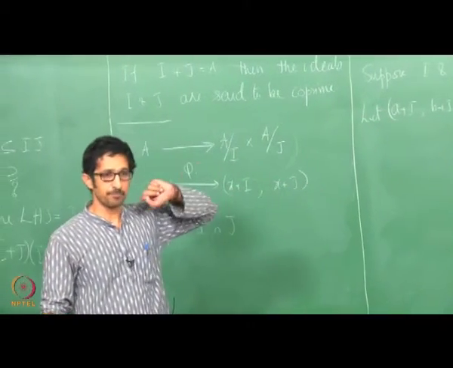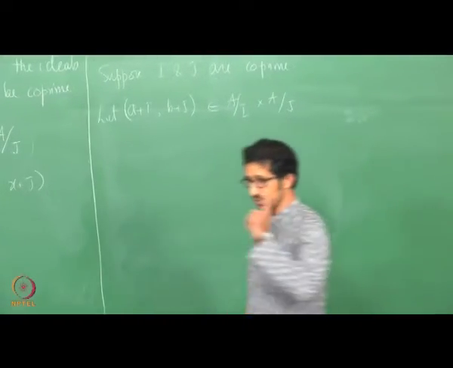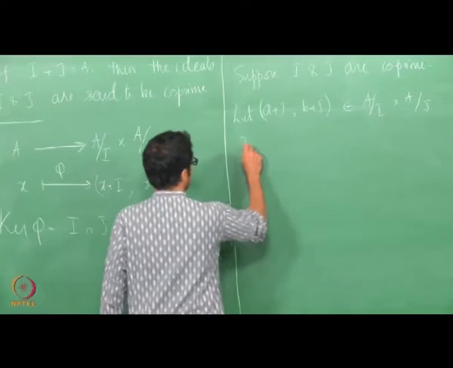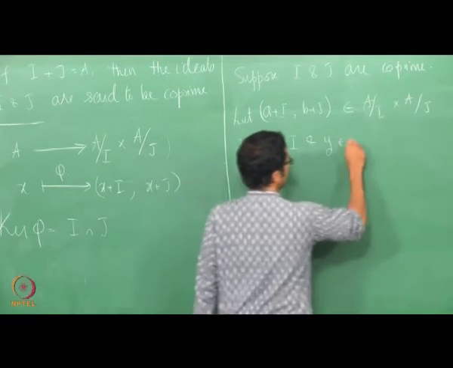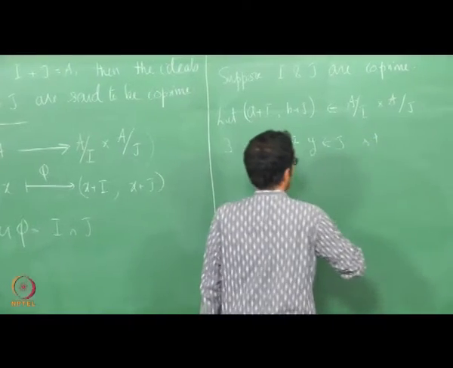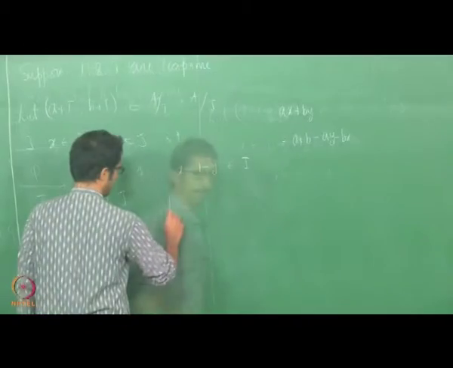There is already the information that I and j are co-prime. What does that mean? It means I plus j is equal to the whole ring, which means there exists x in I and y in j such that x plus y is equal to 1.